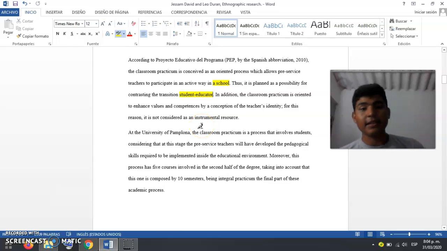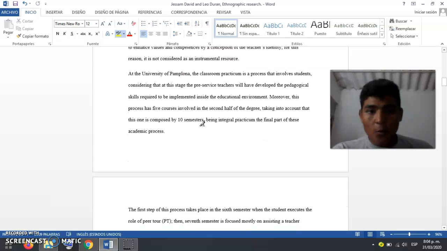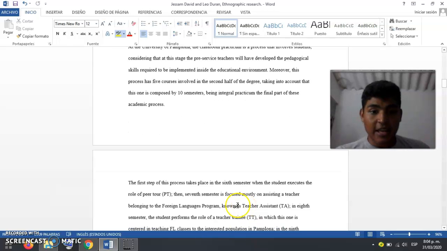This study takes into account the learner's perception related to these spaces, with the purpose of revealing if the classroom practicum and its influence is important when the preservice teacher builds or defines his identity as a future professional, as a future teacher.